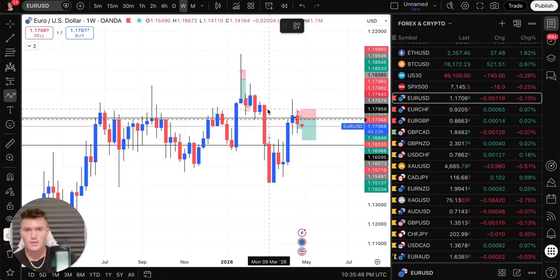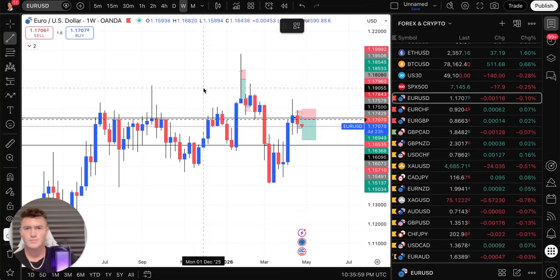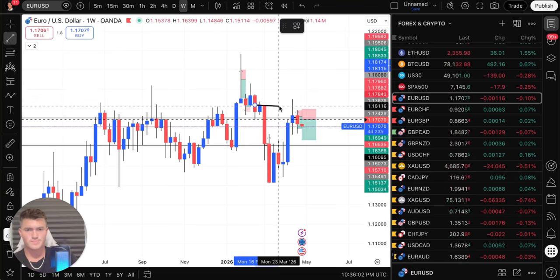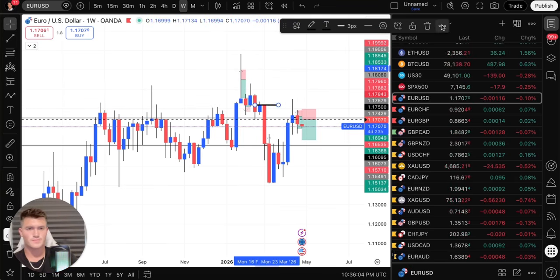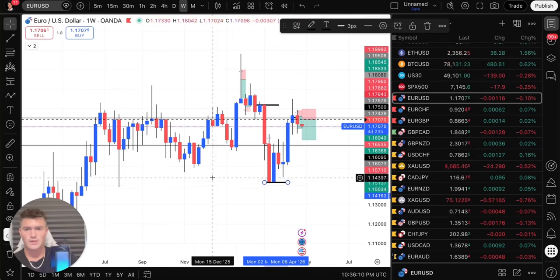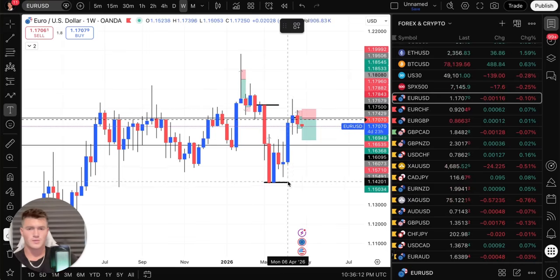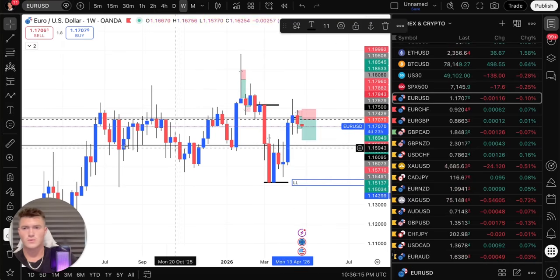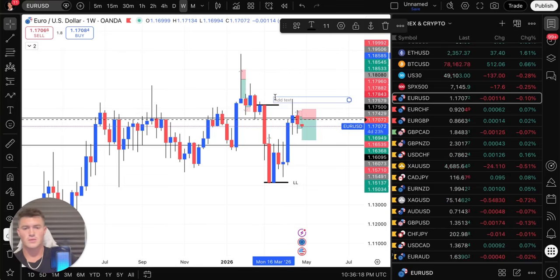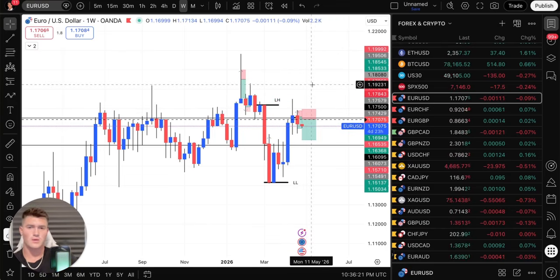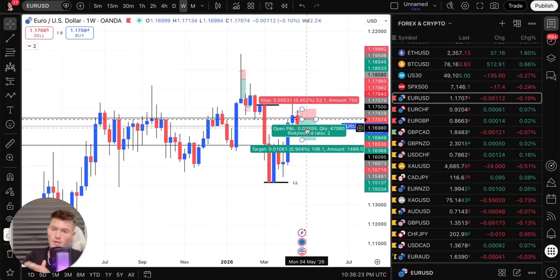Our lower high is here, and our lower low is down here. So we've got our lower low and our lower high. Okay, so we want to look for an area of interest between these 2 points.